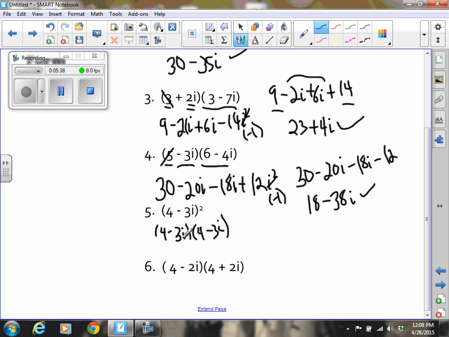I'll distribute my real portion of 4 to this second complex number, giving me 16 minus 12i. I'll distribute my negative 3i to this second number, leaving me with negative 12i plus 9i squared.